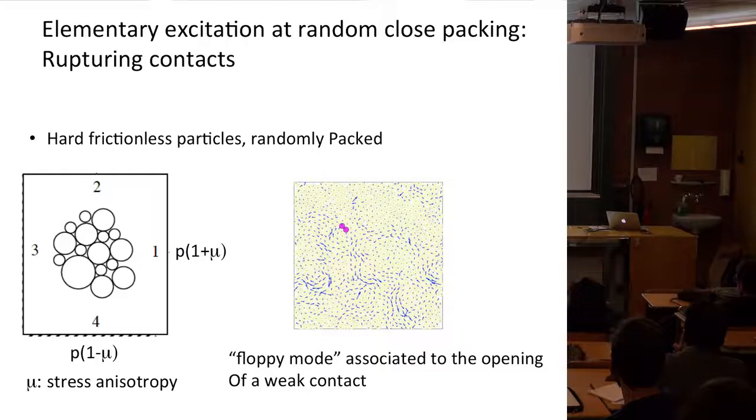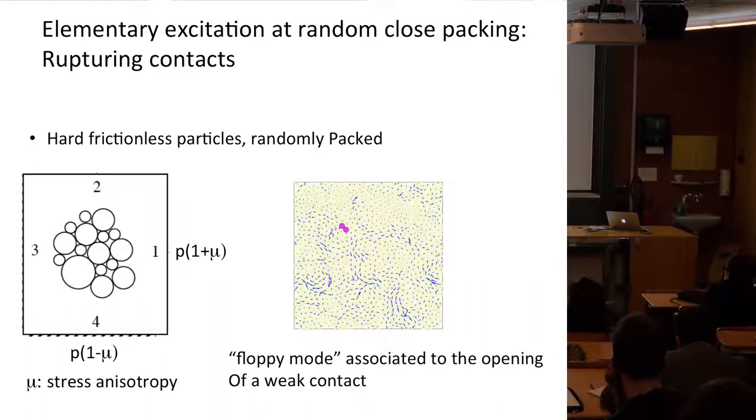Unlike in the soft system where you had elastic branches, now nothing can happen in terms of displacement of the particles. The stress can change inside, but the particles stay at the same location. That's going to hold until one force goes to 0. All the forces between particles have to be repulsive. At some point when you change the stress, one force goes to 0. When this goes to 0, you break a contact.